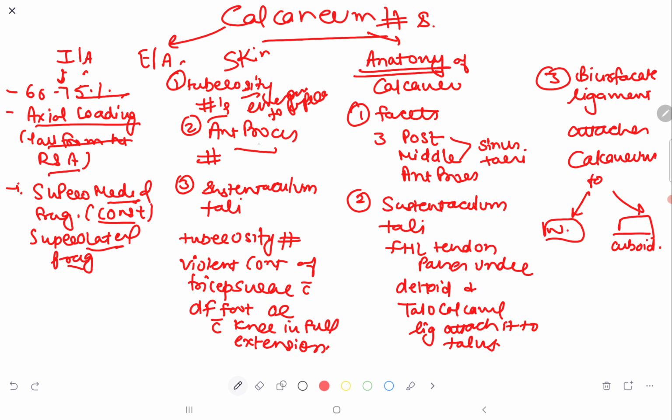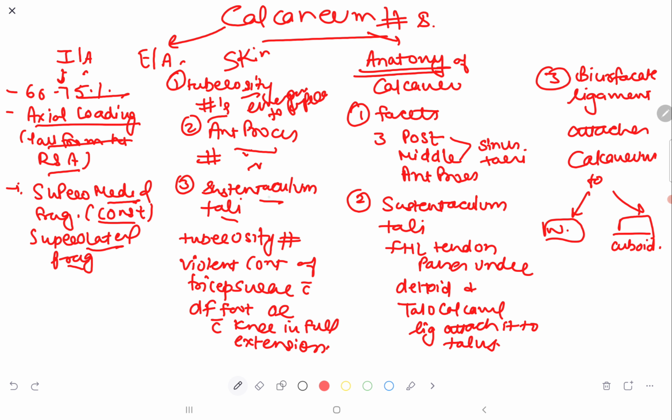Anterior process fractures occur because of the attachment of bifurcate ligament here. Bifurcate ligament attaches calcaneum to navicular and cuboid. Anterior process fractures can occur due to sudden plantar flexion. Sustentaculum tali is on the medial side.